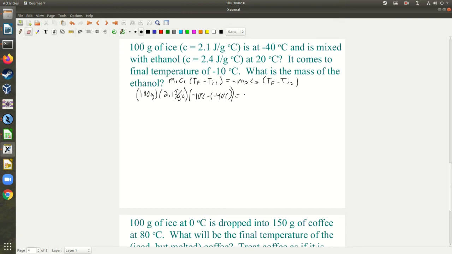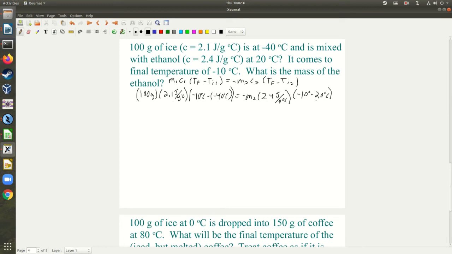And I forgot my negative as I said that. Specific heat is 2.4 joules per gram degree Celsius. And then final temperature is going to be negative 10 minus a positive 20. Closing there. Okay, so you just need to solve for M2, and then you plug that into your calculator.